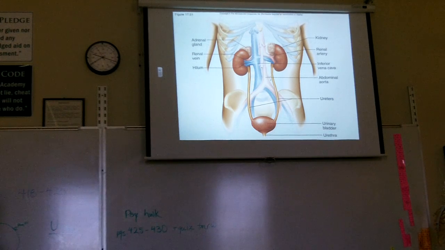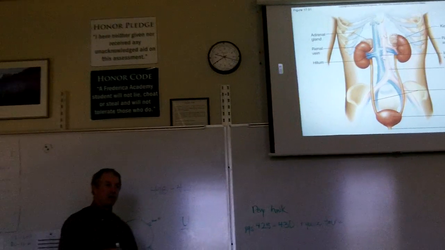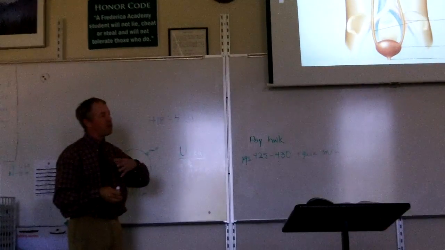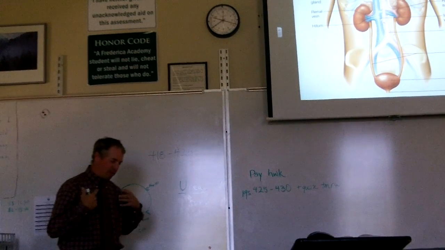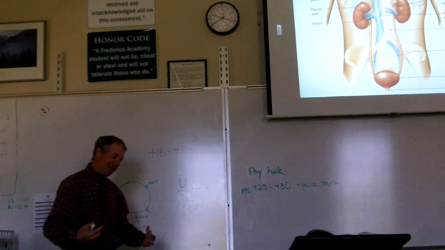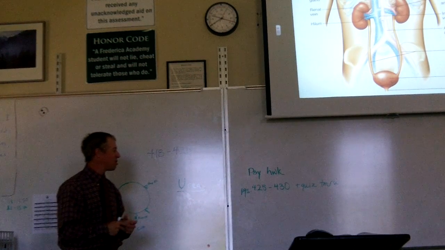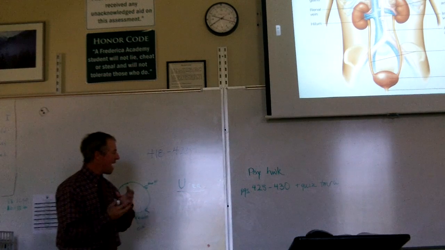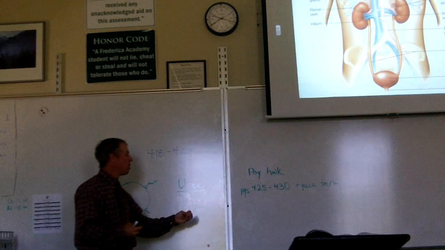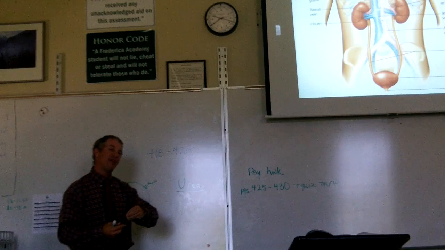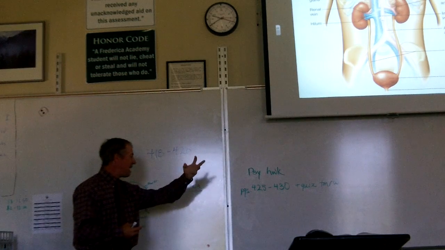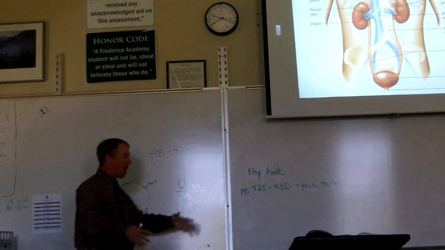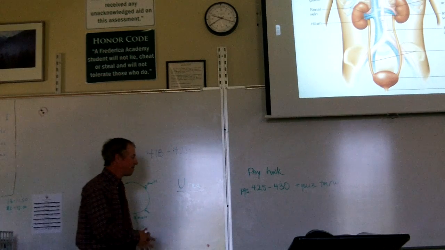Urea is a nitrogen waste. When you eat protein, or when you build muscle, or when you break down muscle, and when you change things around, a lot of the proteins in your body have a nitrogen group associated with their amino acids. And that nitrogen group has to be gotten rid of if you don't need it.